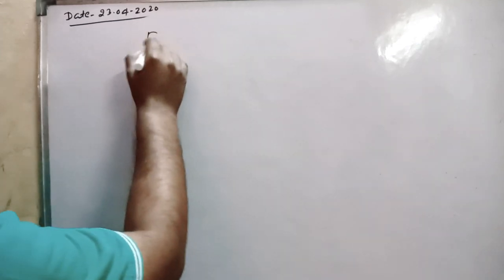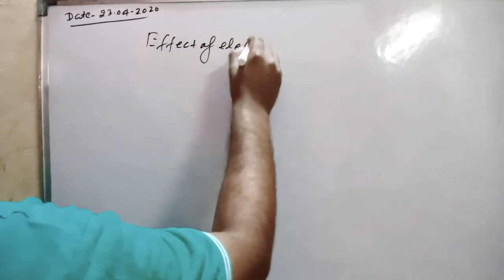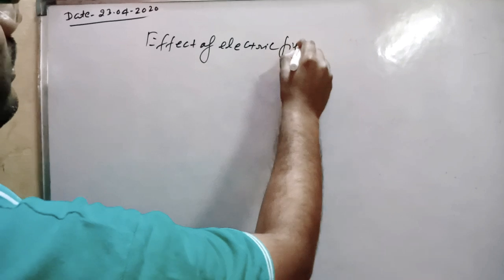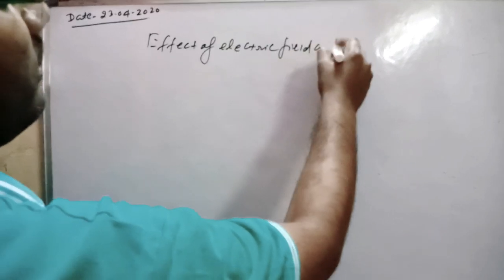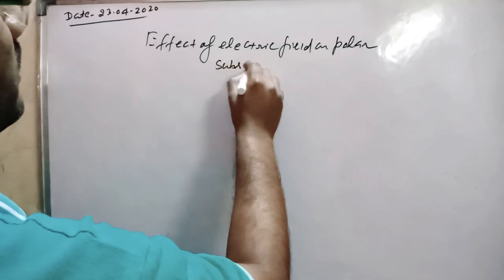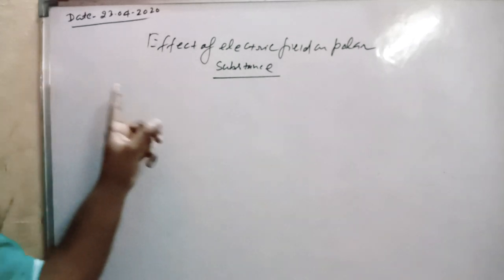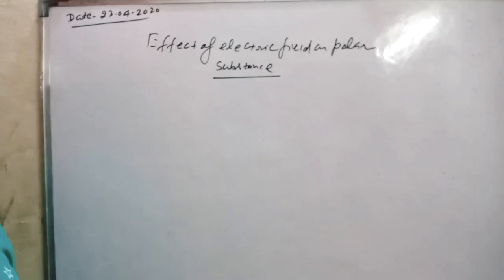Now the next topic is the effect of electric field on polar substance. Molecules of polar substance are not symmetrical.